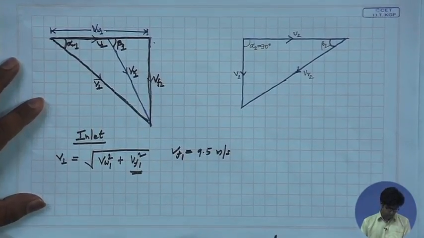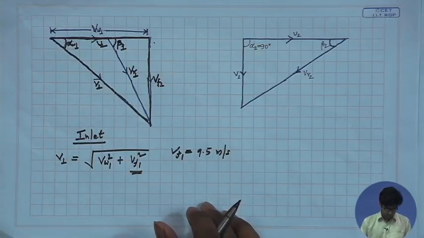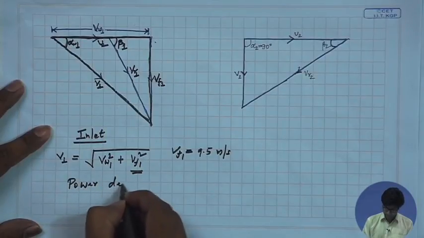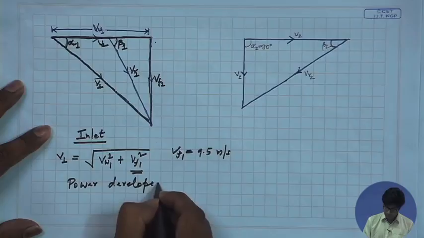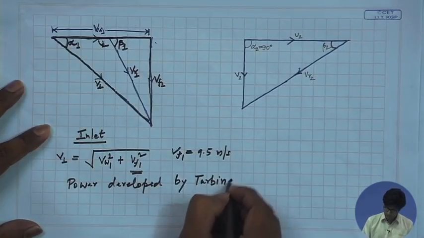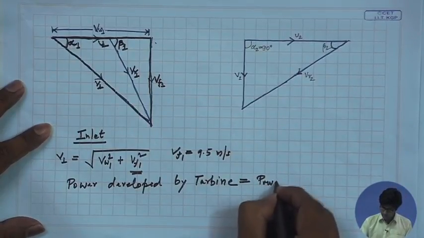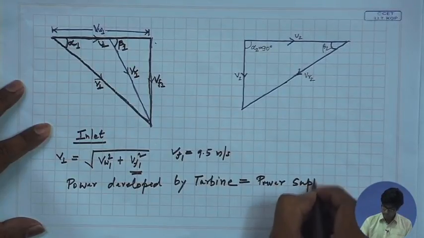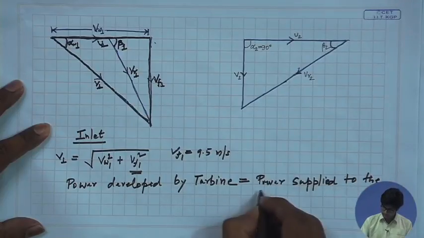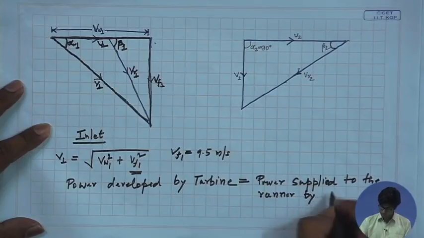In order to find this out, we use the basic relationship that the power developed by the turbine is equal to the power supplied to the runner by water.